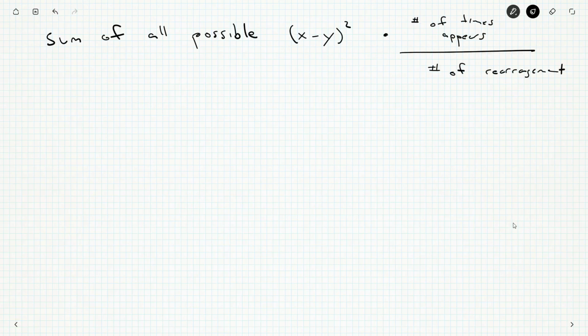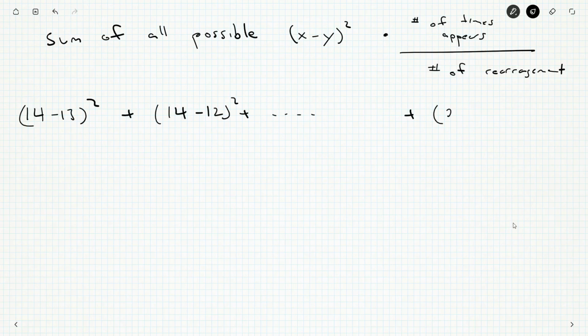The possible (x minus y) squareds would be things like 14 minus 13 squared, and then 14 minus 12 squared, all the way down to 2 minus 1 squared.